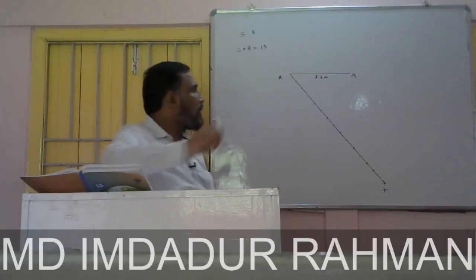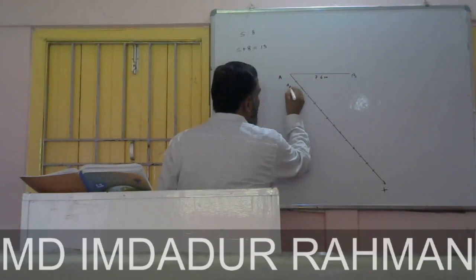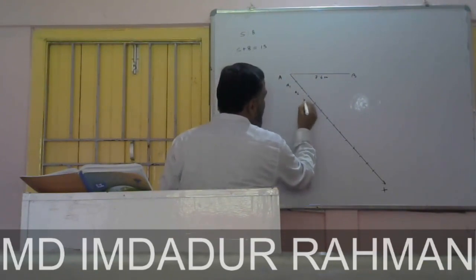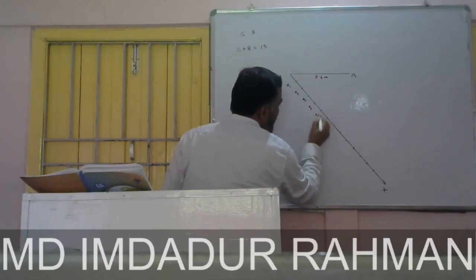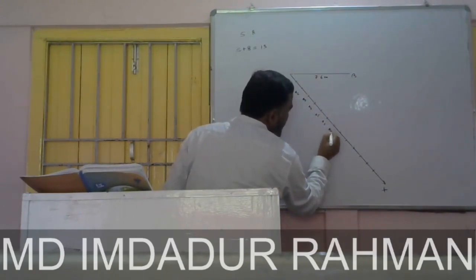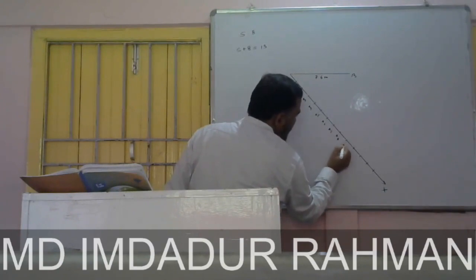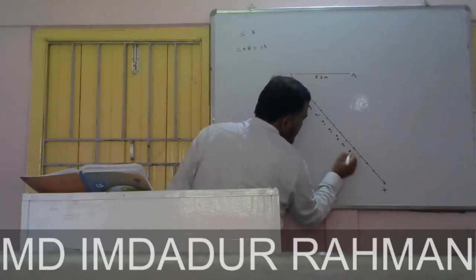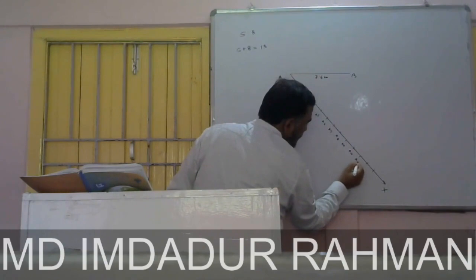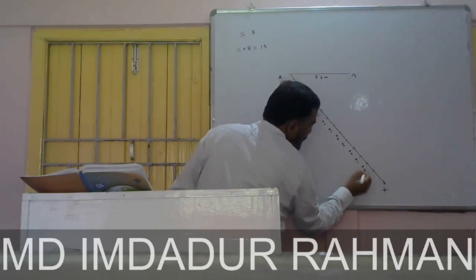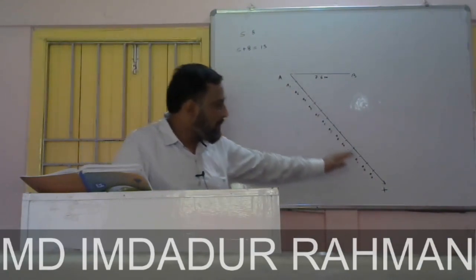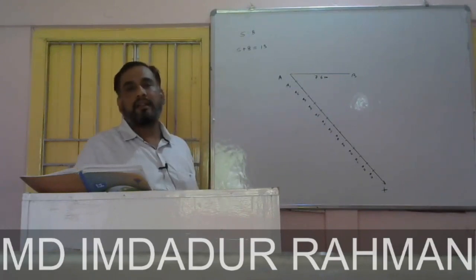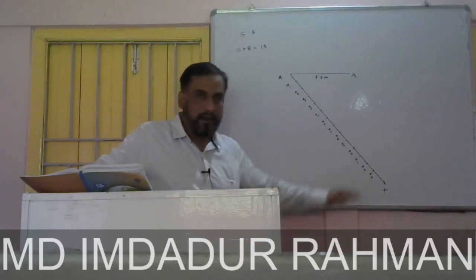Now you mark these points as A1, A2, A3, A4, A5, A6, A7, like this up to A13. Okay, there were 13 parts, and I named these points as A1 to A13.